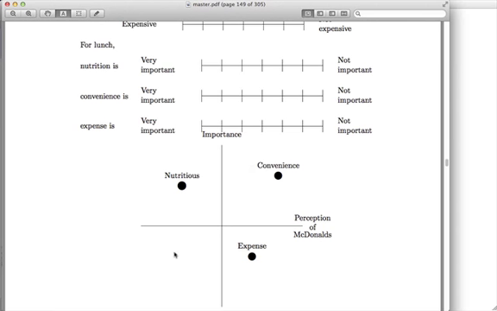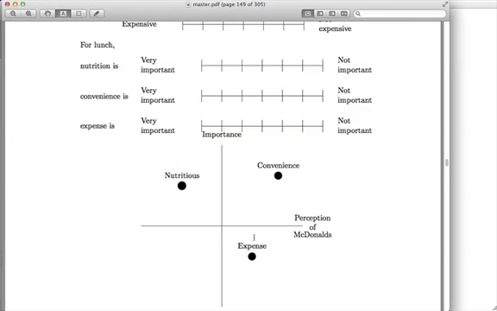The third quadrant you really don't care about. These are things you're not good at, and consumers don't find important. So McDonald's is not really very good at doing gourmet, but then that's not important to these consumers in this category. So don't bother becoming the gourmet restaurant if you're McDonald's.